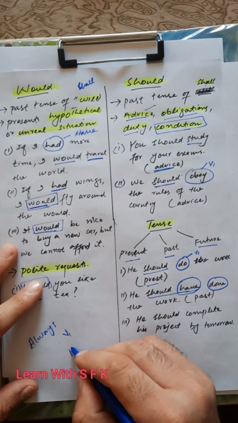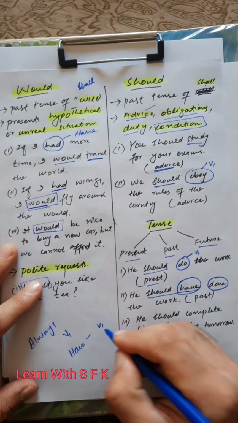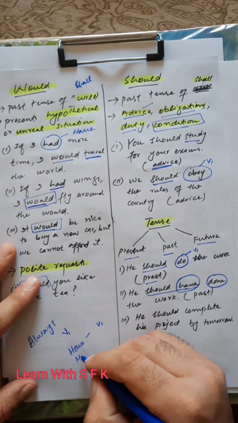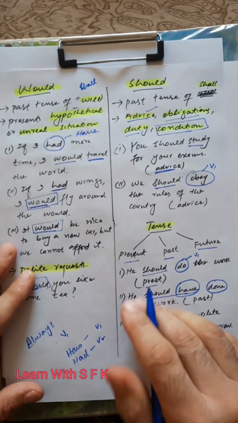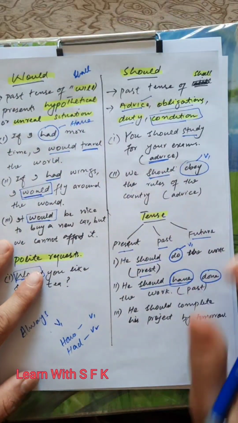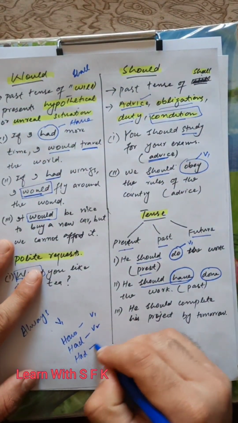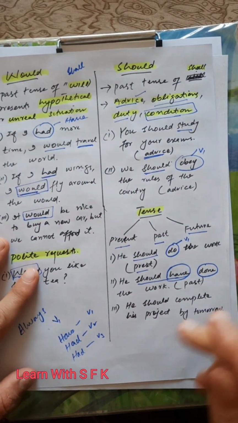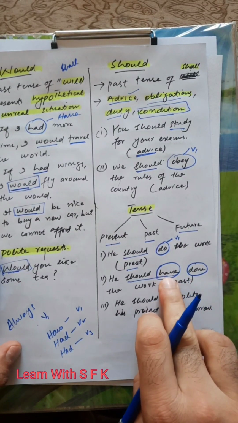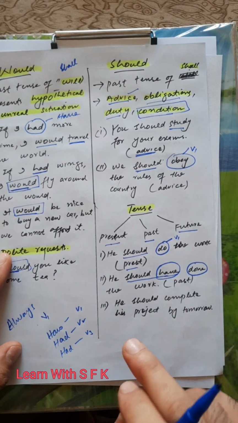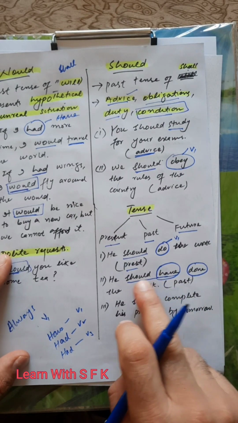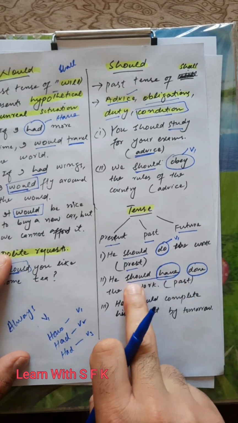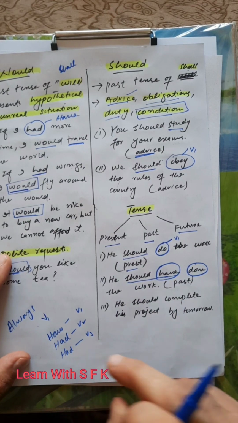We also know that have is the V1 form, the past form of have is had, which is V2, and the past participle of have is also had, which is V3. So we have used have in its V1 form because we wanted to express something in the past. Then we have to use have with should in combination.